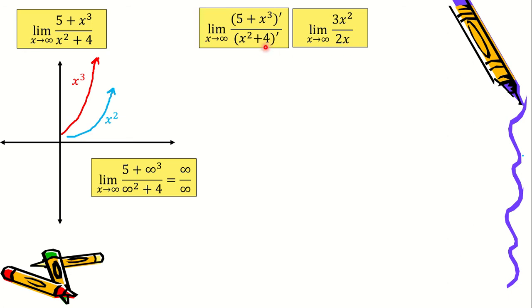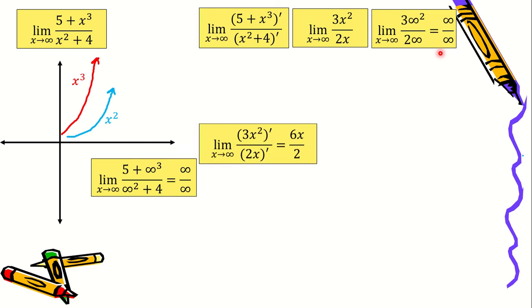The derivative of 4 is 0. So if we plug in infinity, we will have 3 times infinity squared divided by 2 times infinity. So we will still have an indeterminate form. So infinity over infinity pa rin. So we can use L'Hospital's rule one more time.